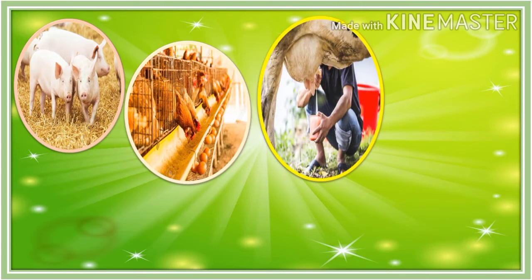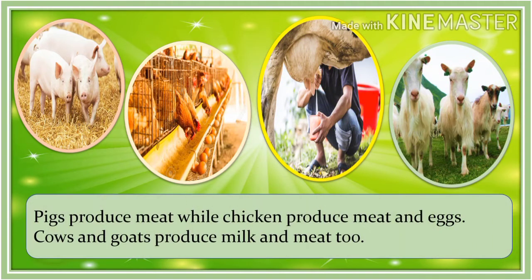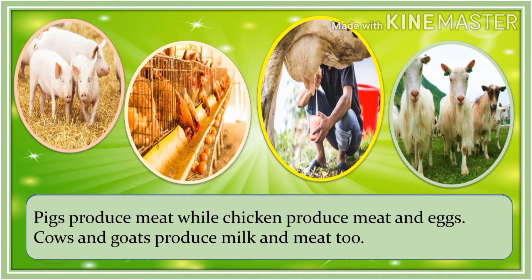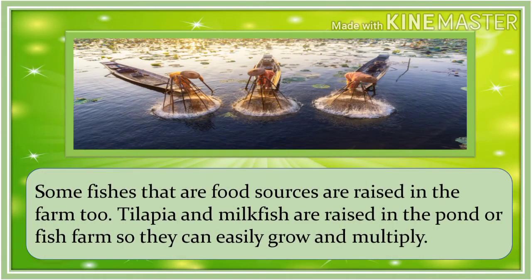Cows and goats produce milk too. Some fishes that are food sources are raised in the farm too. Tilapia and milkfish are raised in the pond or fish farm so they can easily grow and multiply.